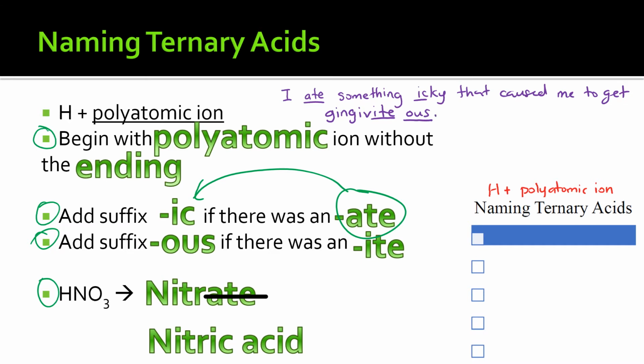Unique way to spell gingivitis, but again, we will remember it. Ite, ous; ate, ic. Okay, I ate something icky that caused me to get gingivitis. Cool deal.